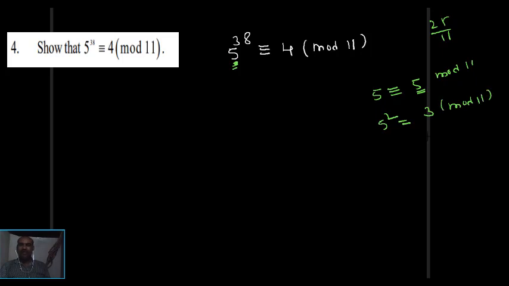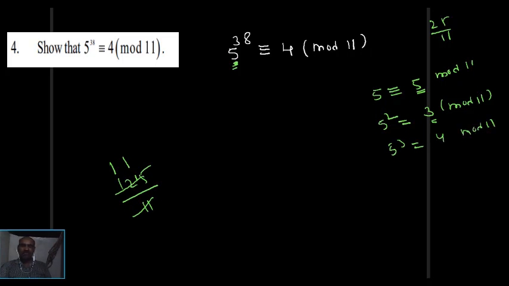So I will try to find another power of 5 so that it gives remainder 1 or minus 1 by using the integral method. 5 cube means 125. 125 divided by 11: 11 ones are 11, remainder 1, 11 tens are 110, remainder 4, so congruent to 4 modulo 11.